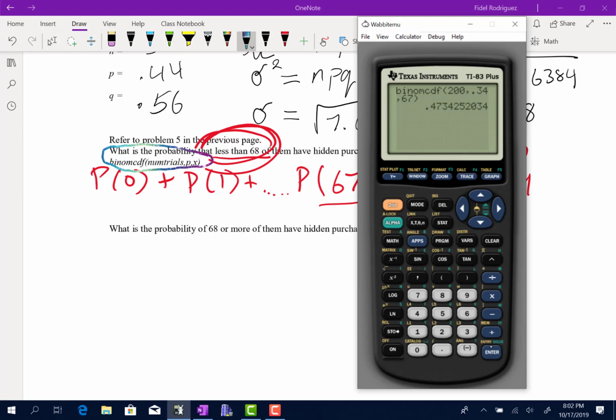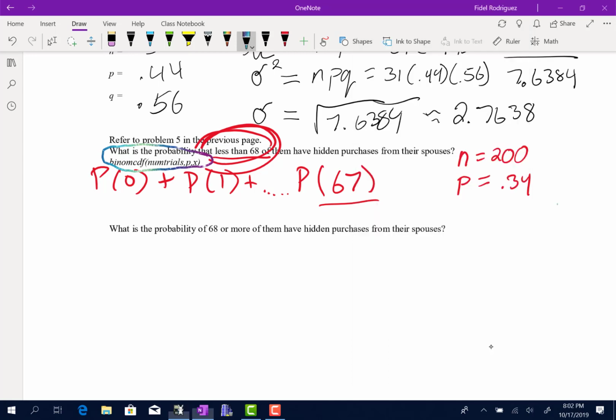If I go to 4 decimal places, would you agree 0.4734?